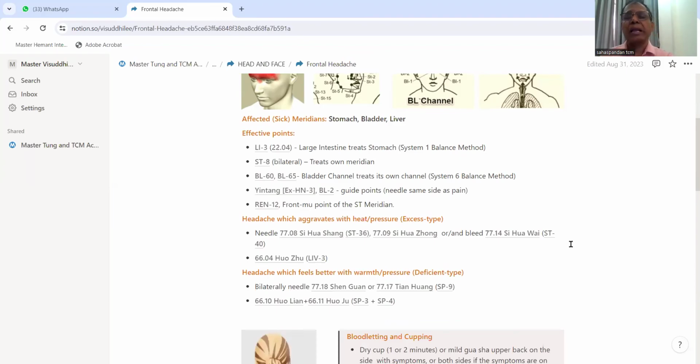If the headache is aggravated by heat and pressure, these are the master Tung points: 77.08 and 77.09, or bleed 77.14. You can Google these points to get the location.